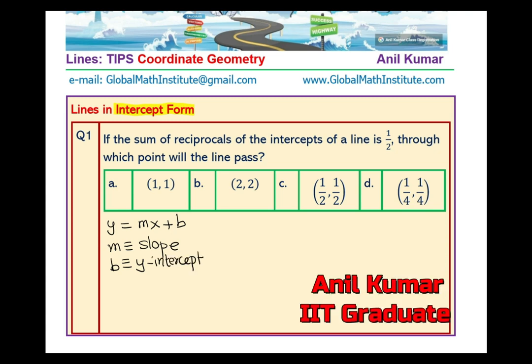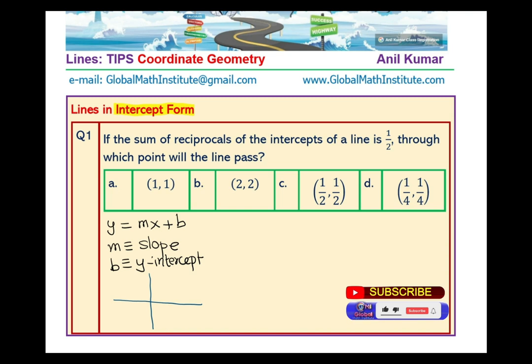Now, in the intercept form, things change a bit. The same equation can be rearranged and written in a different way. For example, if I have a line, as you can see drawn here, with x-intercept as a and y-intercept as b, what is going to be the slope?